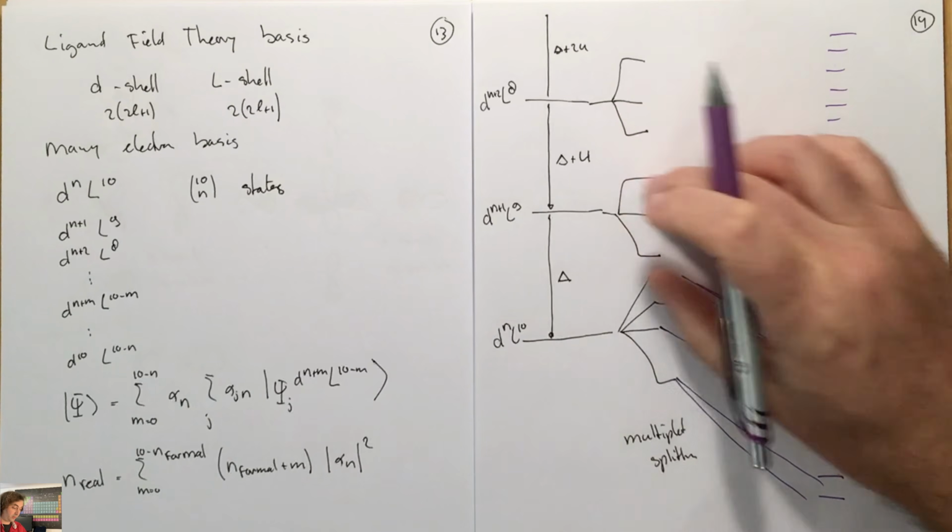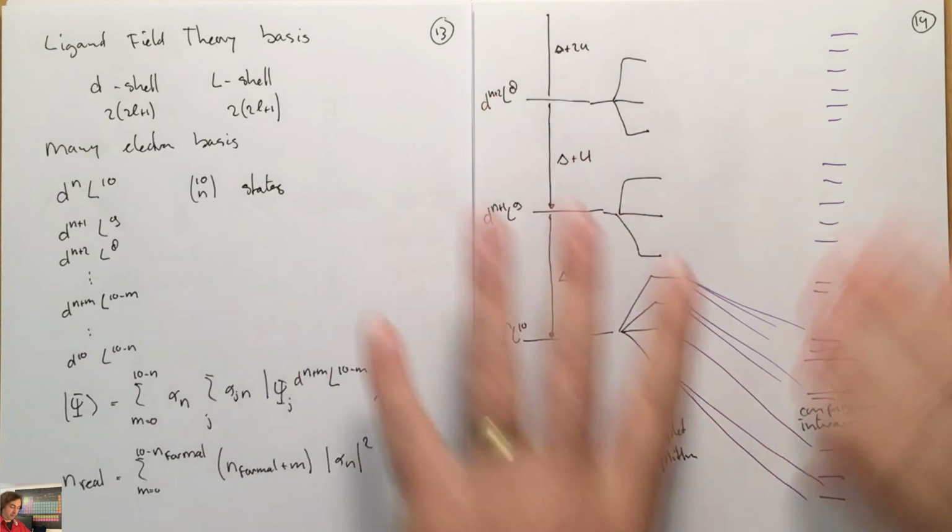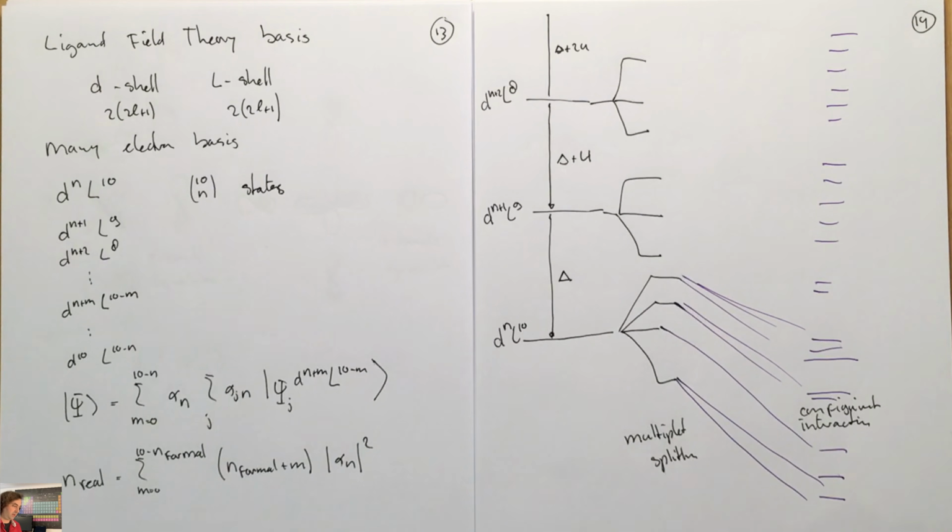Still, you can track from which configuration they come. If your hopping is small, the mixing is small; if your hopping is big, you get large mixings between the states.